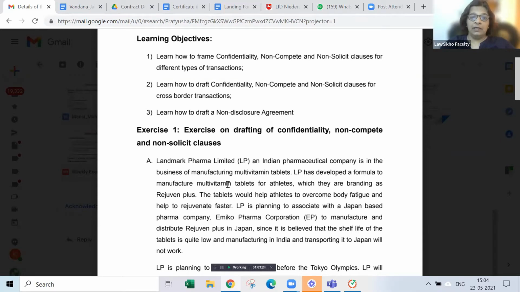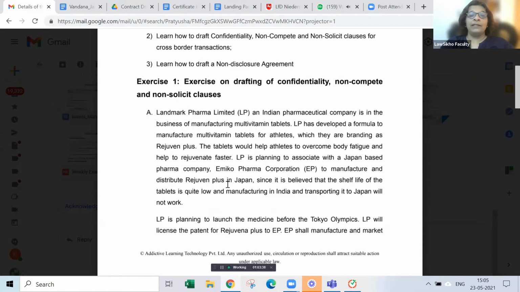Okay. And they are looking to associate with a Japan-based pharma company, Emiko Pharma, to manufacture and distribute Rejuven Plus in Japan, because it's believed that the shelf life of the tablets is quite low, and manufacturing in India and transporting it to Japan will not work.